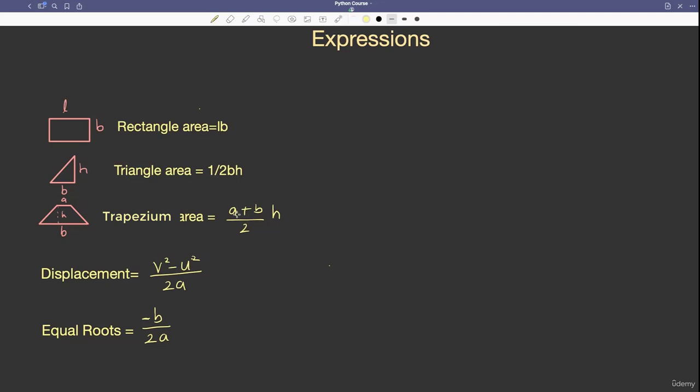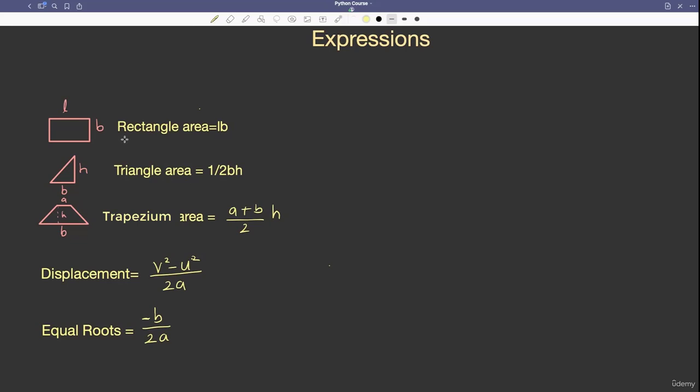We will learn how to convert these formulas into proper Python expressions. You should know how to convert a mathematical formula into a Python expression. As a practice, I have taken a few known mathematical formulas and I will show you how to write a Python expression. Let us start.